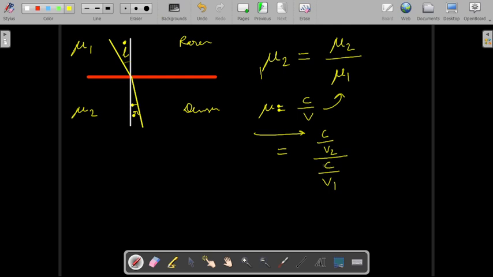Rearranging, we cancel out the c and we get v1 upon v2. So if we want to find the refractive index of medium 2 with respect to medium 1, and we know the velocities in the two different media, we can simply calculate it by this formula.